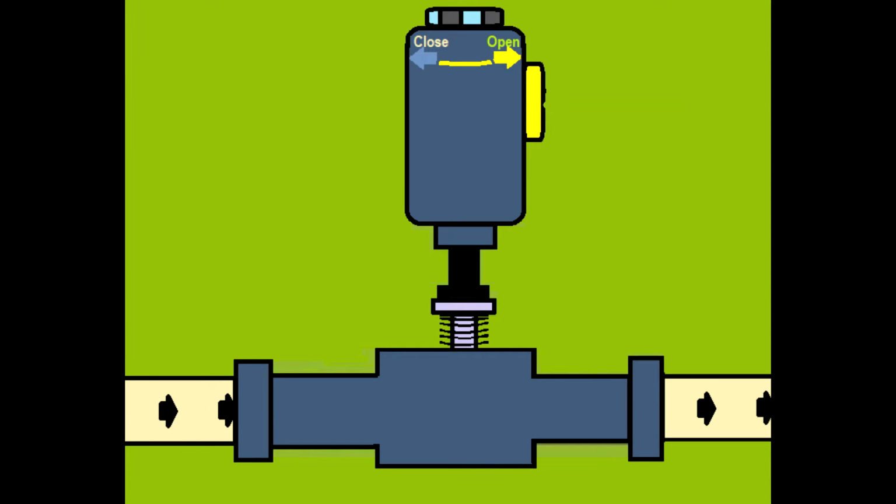The actuator will act onto the valve, allowing more or less fluid to pass by. The fluid I'm talking about could be a cooling agent, like you see in the blue color, or a heating agent, hot glycol water, or steam.